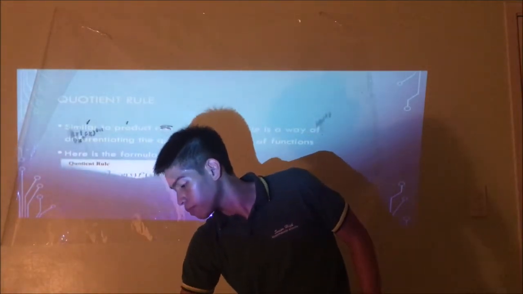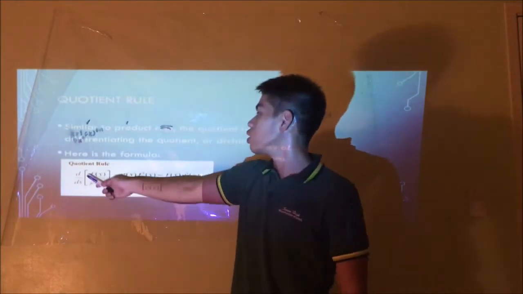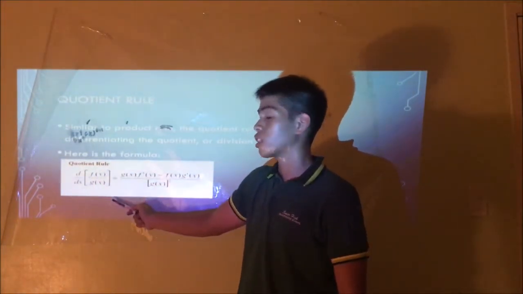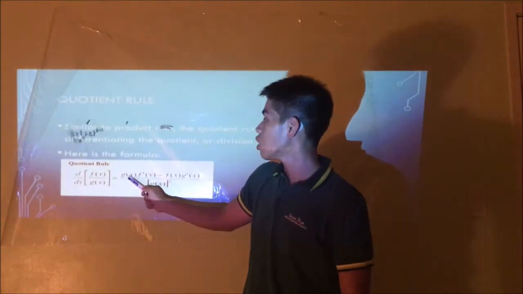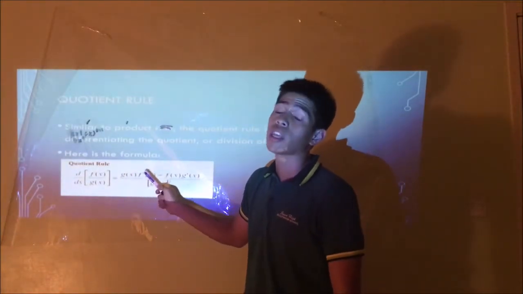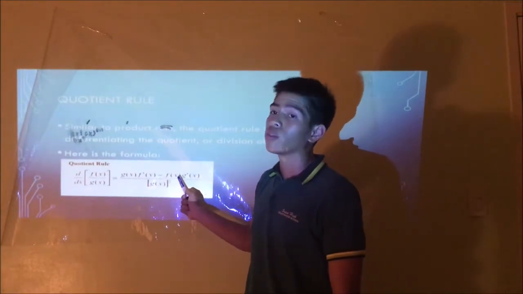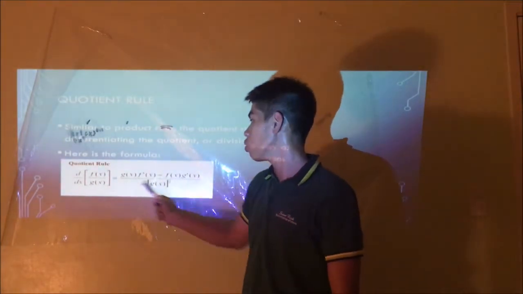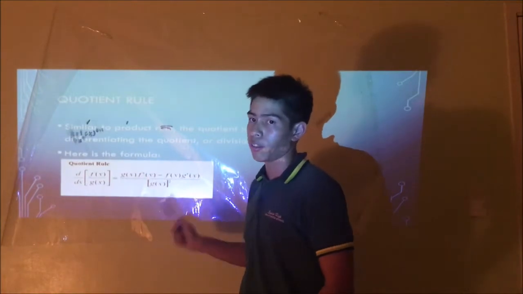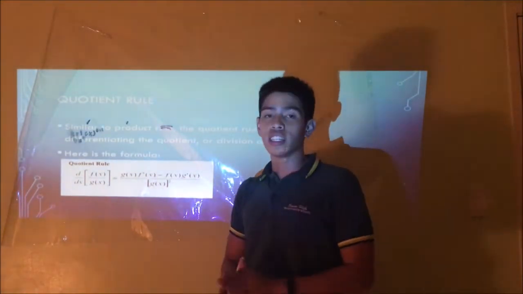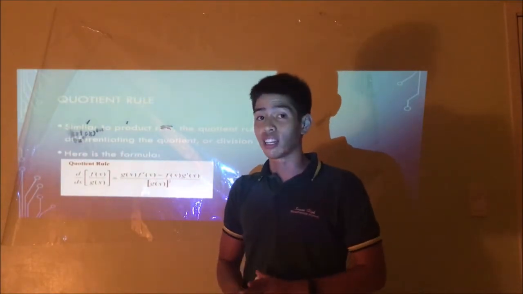Here is the formula. d over dx of f of x all over g of x is equal to g of x times f prime of x minus f of x times g prime of x, all over g of x squared. Don't worry, it's really easy. It's not really hard.